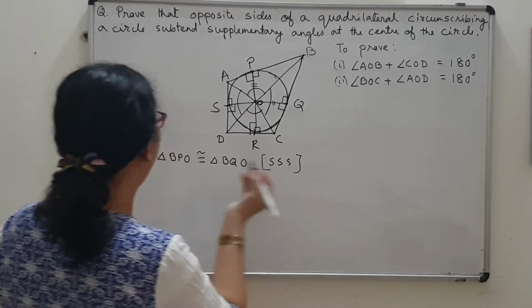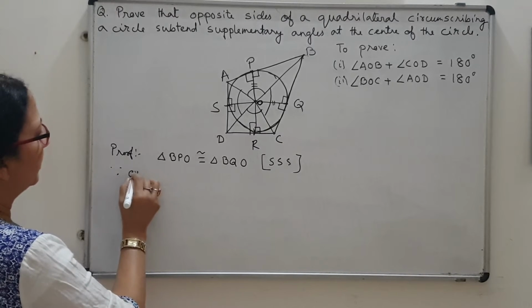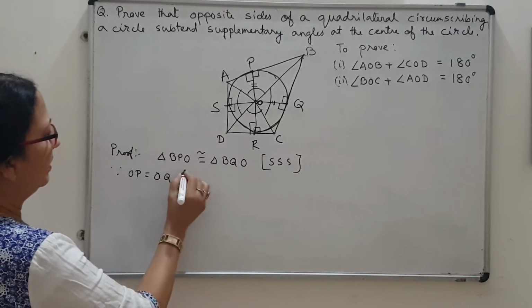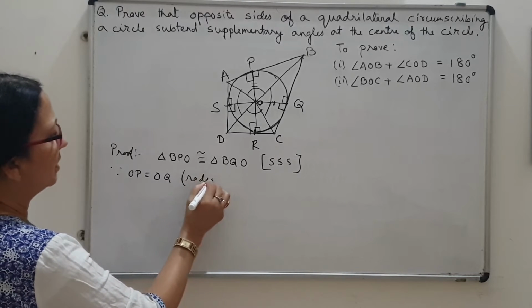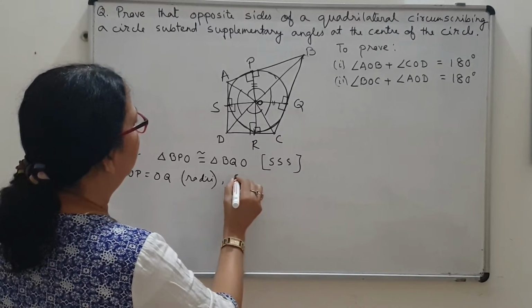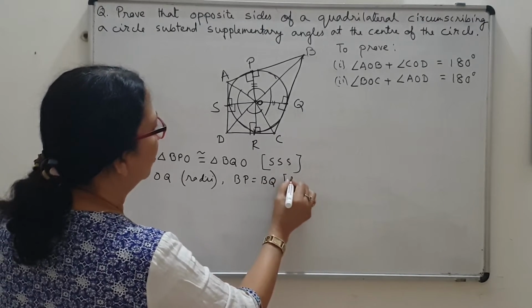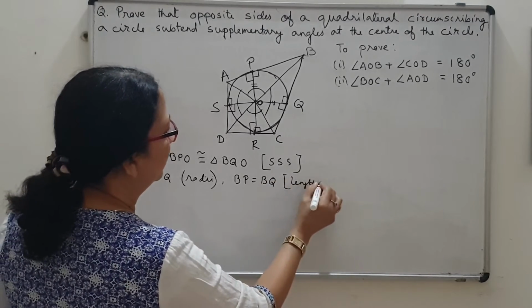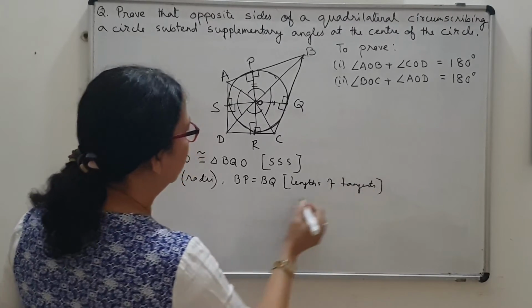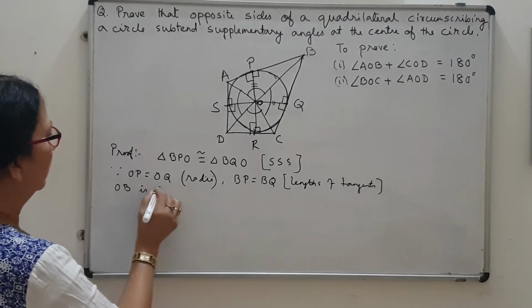Why? All this I have to write, since OP is equal to OQ, radii of the same circle. Then BP is equal to BQ, length of tangents, and OB is common.